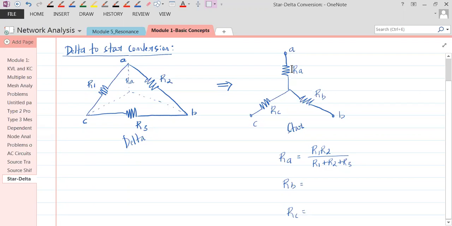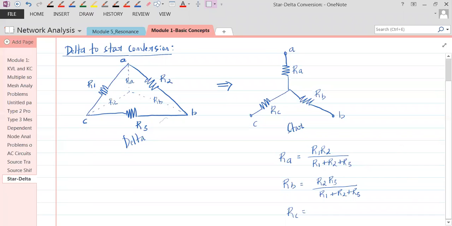Everybody get that point? Similarly, what is RB? Here is your RB. On both sides of RB, which two resistors are there? R2 and R3, right? So RB is R2 R3 divided by the sum of all the resistors, R1 plus R2 plus R3. Similarly, what is going to be your RC? RC would be here.